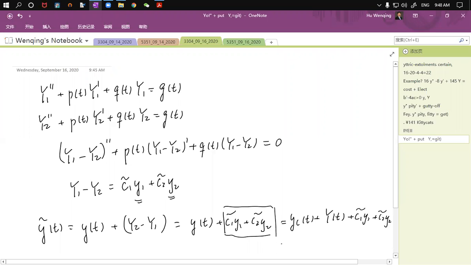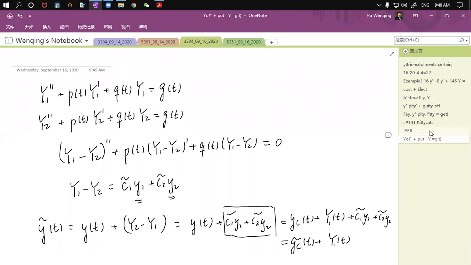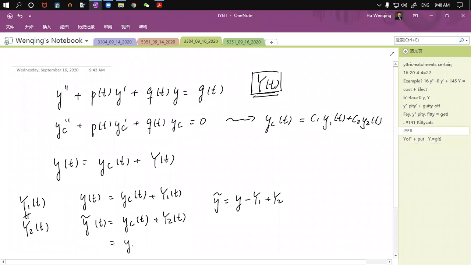So you're going to reach another complementary solution plus the same y of t. I mean, this is actually y1. So that tells you that this solution is another complementary solution plus the y1 of t. I can write it this way.